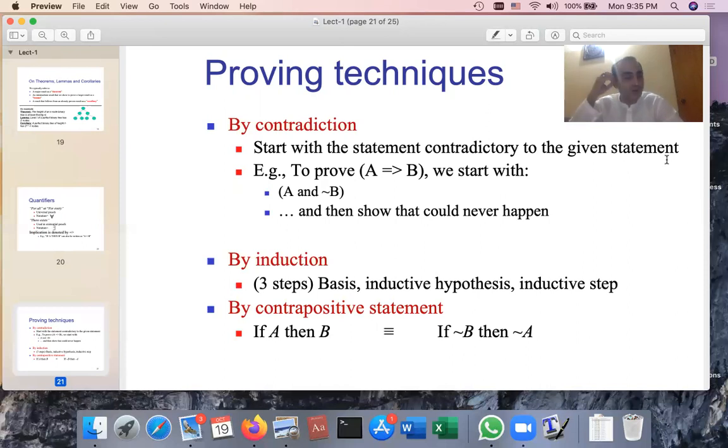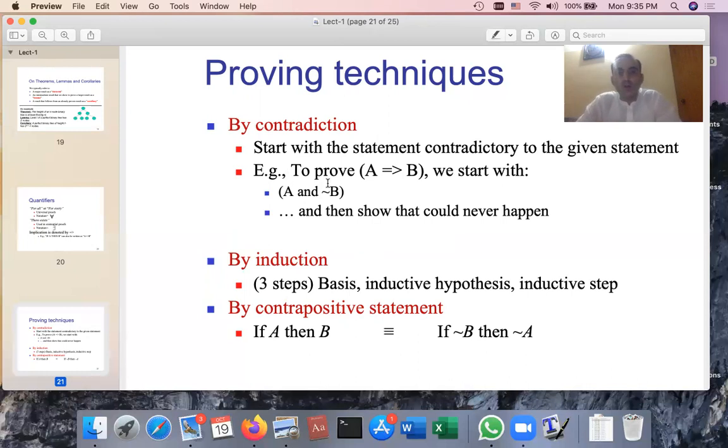A supposition is a statement, but it should be contradictory to the given statement. When you are given some problem, some given statement would be there. You have to take that statement and produce a contradictory or opposite statement, and then start your proof with that opposite statement.